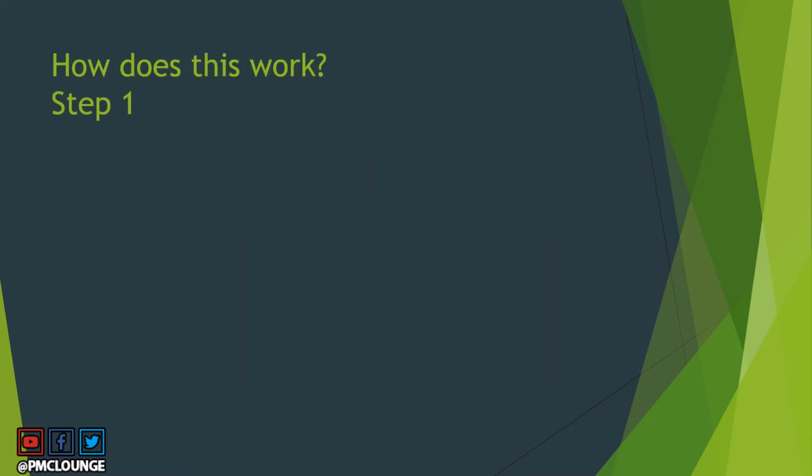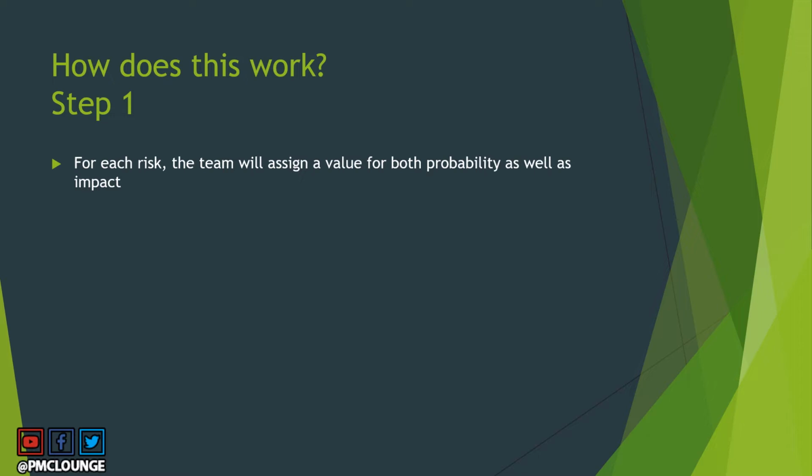All right, so step number one is, for each risk, the team will assign a value for both probability as well as impact. So where will you find all the risks, by the way? You will find them in the risk register. So you check your risk register out. For every single risk, your project team is going to assign a value.